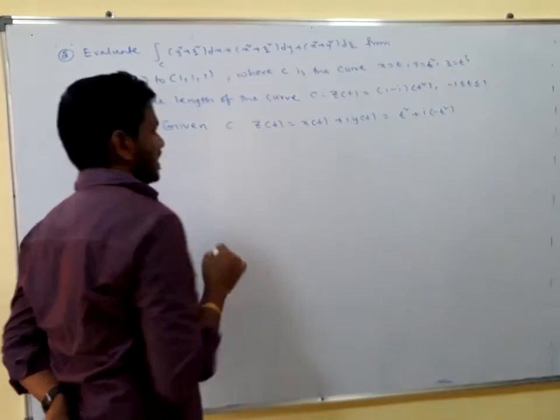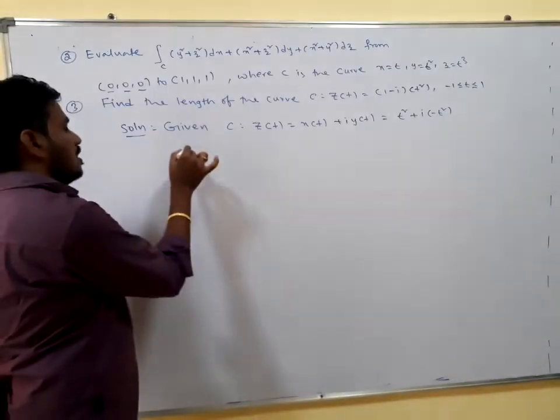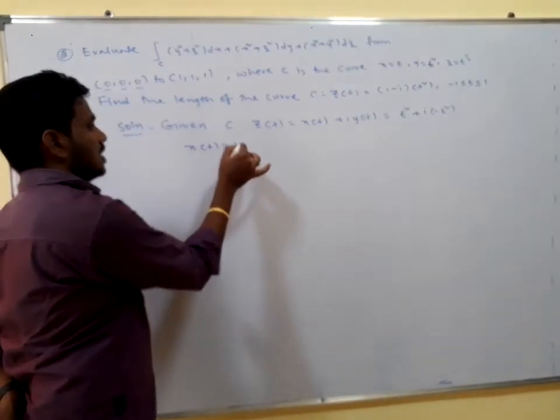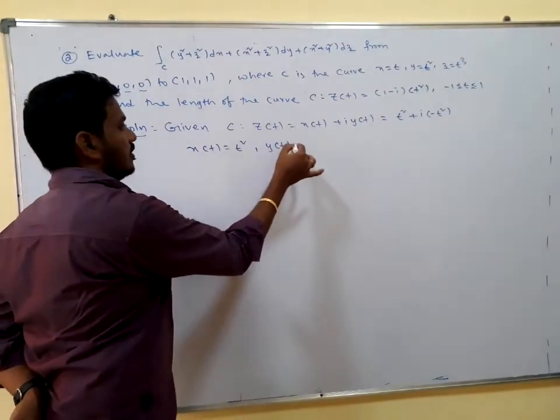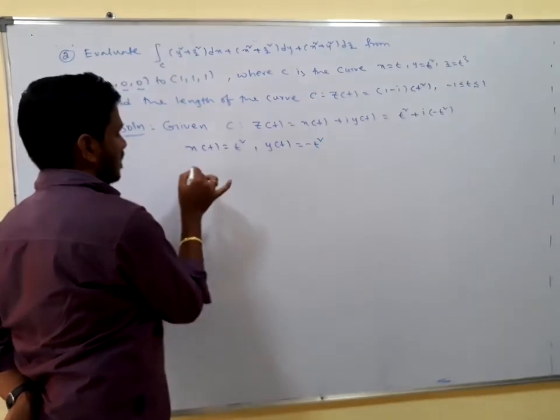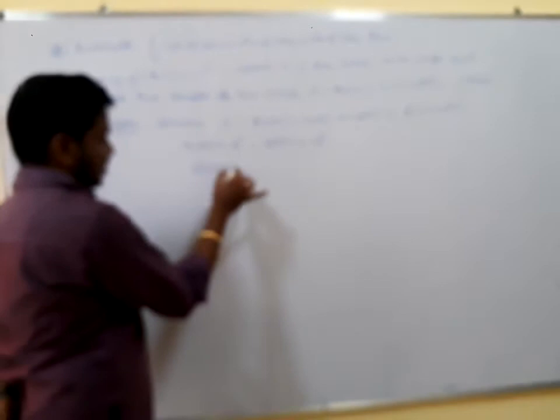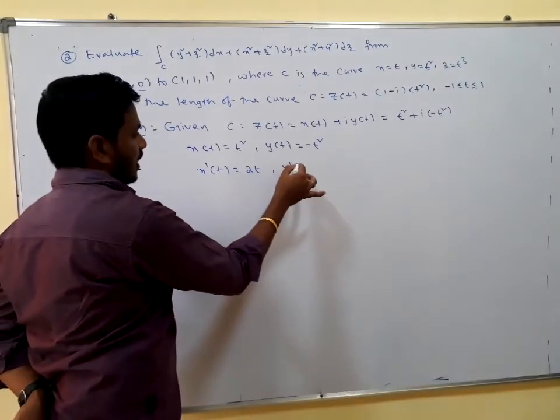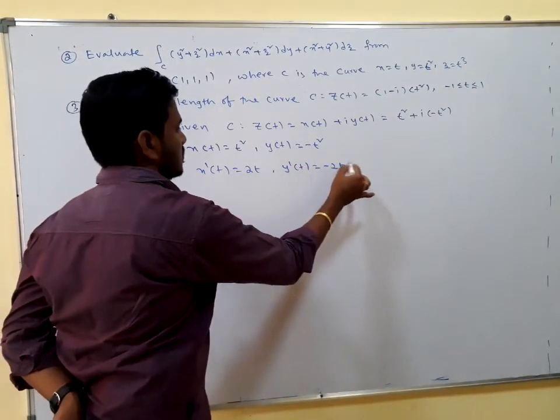From this you have x of t equals t square, y of t equals minus t square. x dash of t equals 2t, y dash of t equals minus 2t.